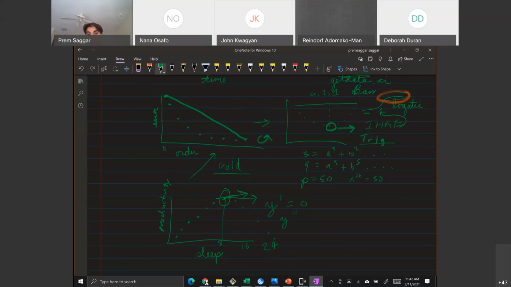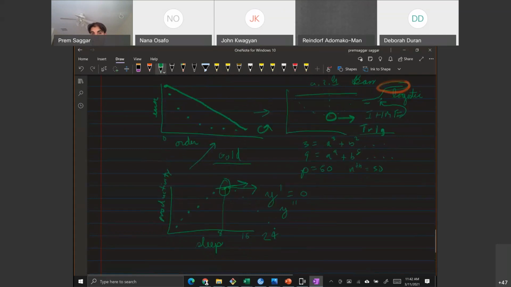So that is how the model is built. And I encourage you all to look at optimization methods. This is called elbow detection.